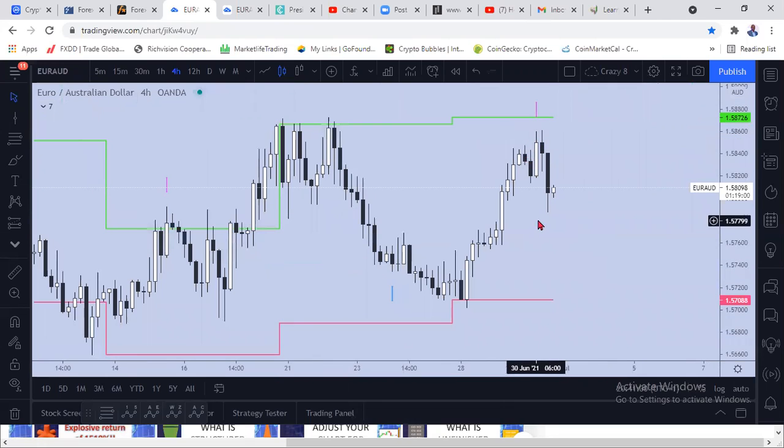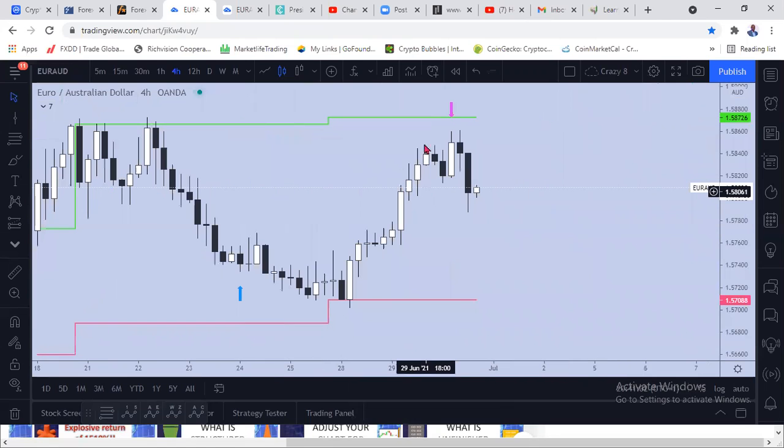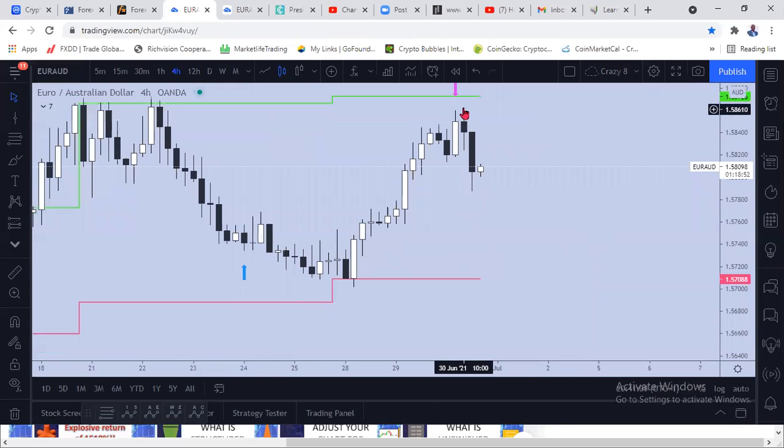This week, for instance, was a very, very sweet one. I caught the move to the upside, and then I and some of my other guys got this move to the downside. In fact, somebody posted this on the AQZ discussion group.